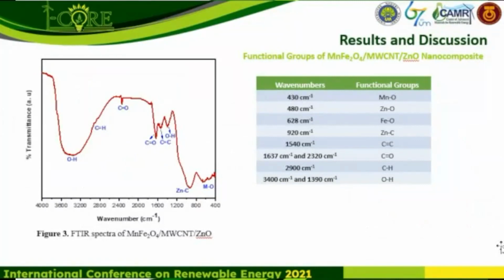There is an absorption band of metal oxide, M-O, which represents absorption at wave numbers in the range of 430 until 628. From the table, we can also see that there is a zinc-carbon absorption band that represents interaction between zinc oxide and multi-walled carbon nanotubes. For more details, you can see the table.